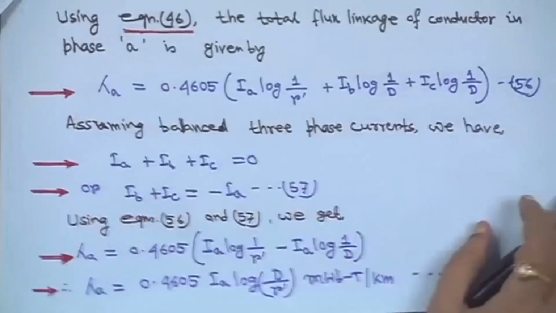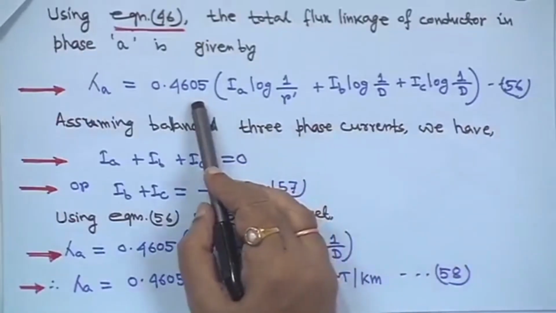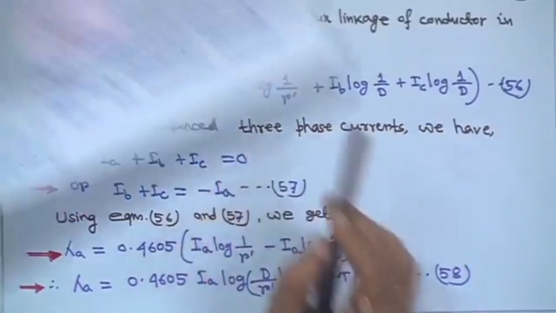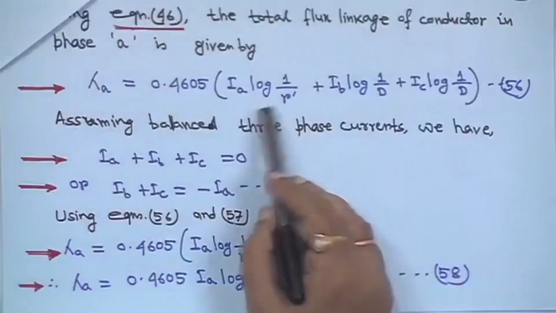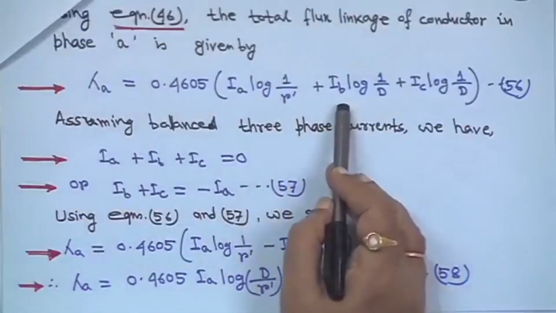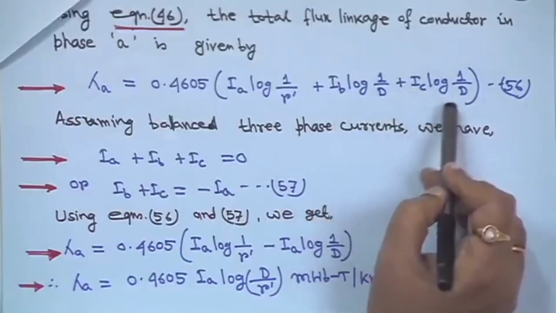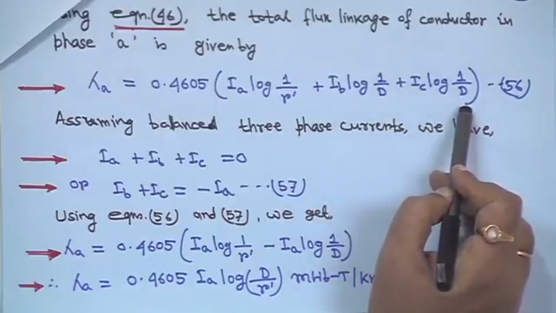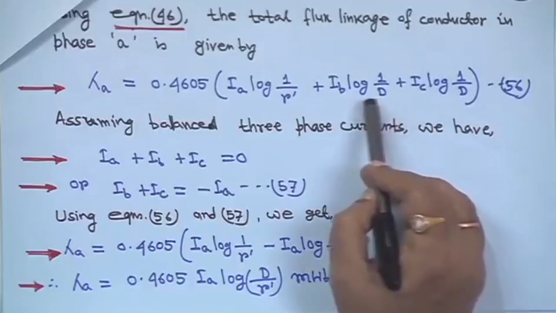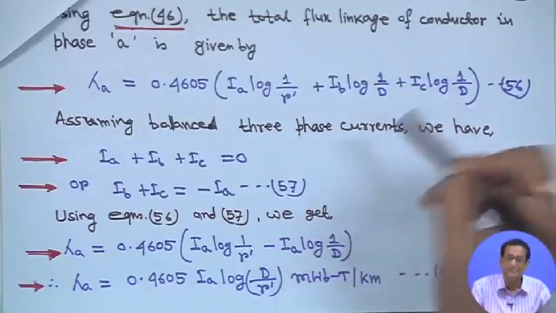So, lambda A is equal to 0.4605 into IA log 1 upon R dash plus IB log 1 upon D plus IC log 1 upon D, right. Otherwise, it should have been DAB, DBC like that, we will see later.